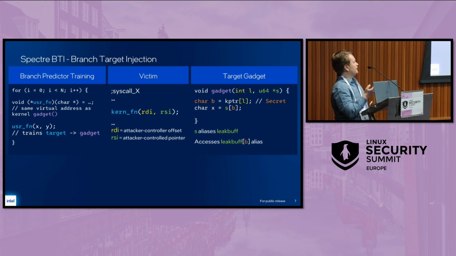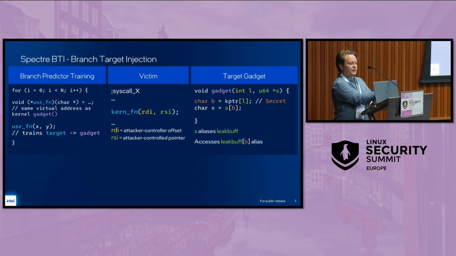So what will happen is that this indirect call in the kernel will speculatively execute the so-called gadget, the gadget of choosing by the attacker. Here's an example where the attacker controls both arguments. The first one is int L, the length, or rather the offset that's going to be used in this gadget, and some kind of pointer, for example.